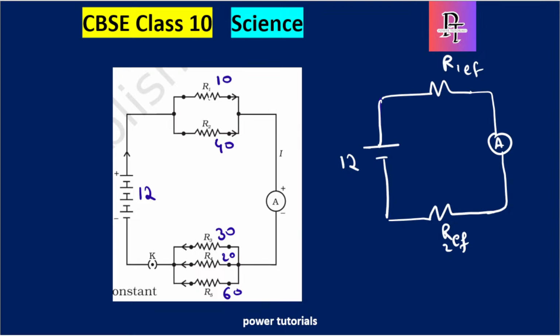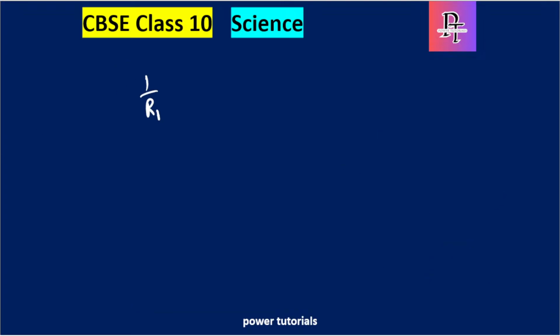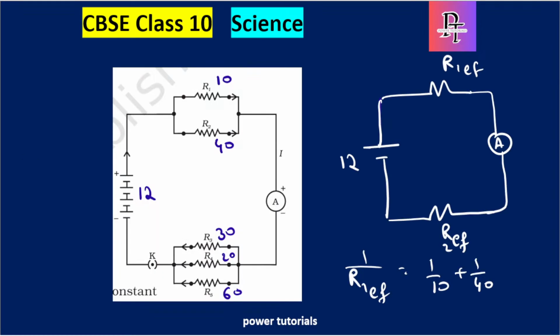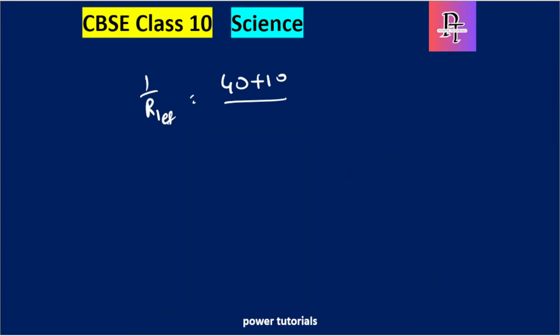R1 effective: here 10 and 40 are in parallel, so 1 by R1 effective is equal to 1 by 10 plus 1 by 40. If I take 40 as the LCM, it becomes 4 plus 1 by 40.